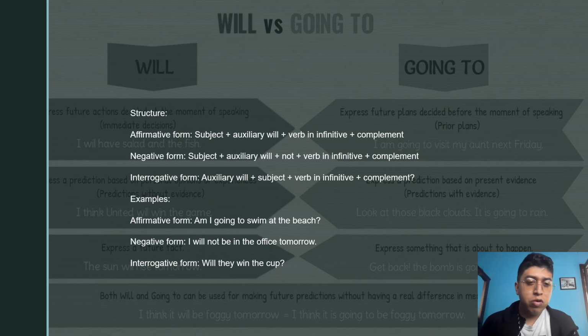The structure in affirmative form is subject plus auxiliary will plus verb infinitive plus complement. In negative is subject plus auxiliary will plus not plus verb infinitive plus complement. Interrogative form is auxiliary will, subject plus verb infinitive plus complement.